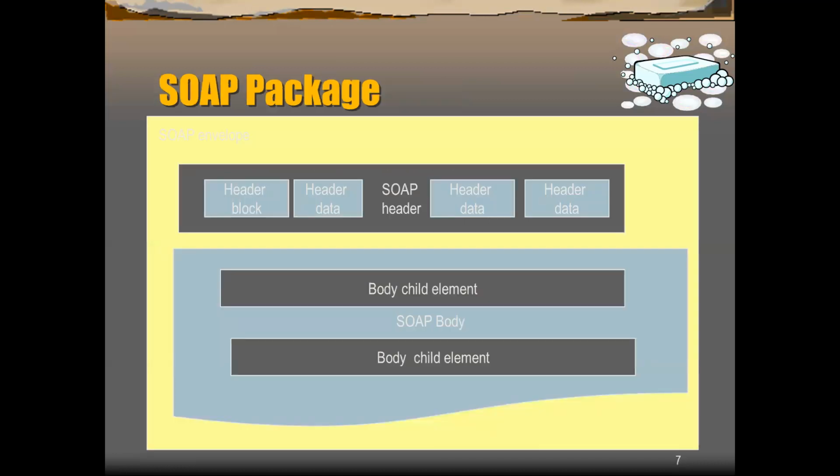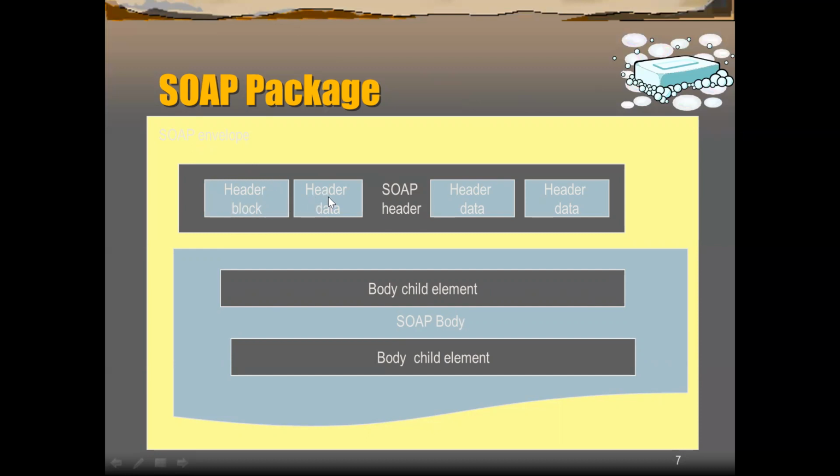Apart from this, there is also the SOAP fault. Whenever you want to display some error information, we go for SOAP fault, and that is optional, and it is used inside the SOAP body. So let us look at the structure. This is a SOAP package. In the SOAP envelope, you have the header.